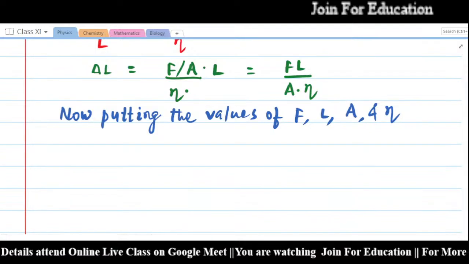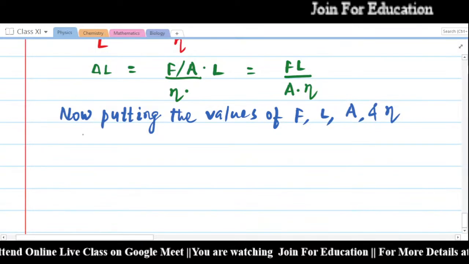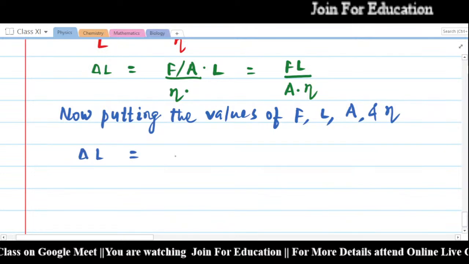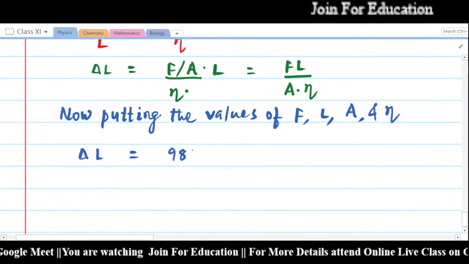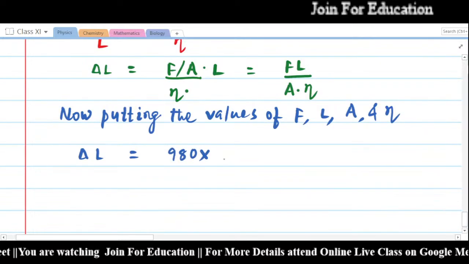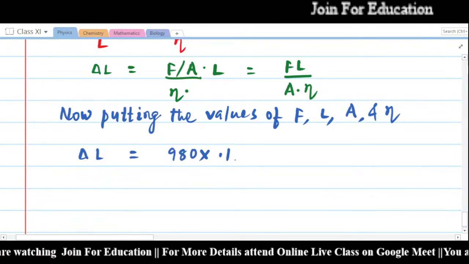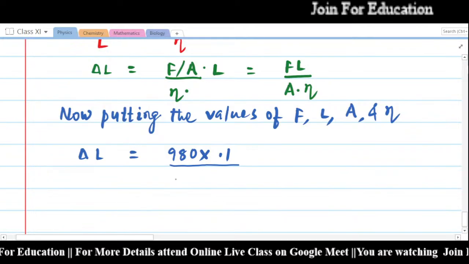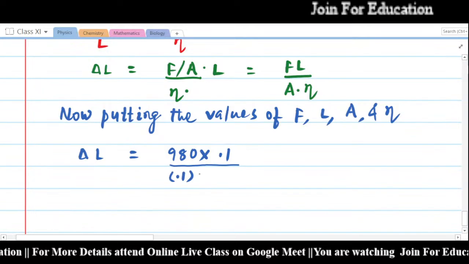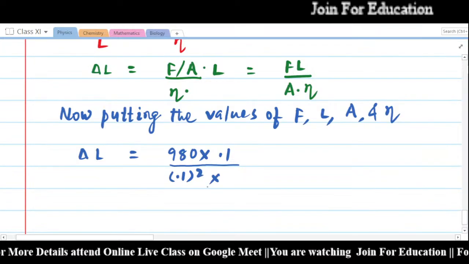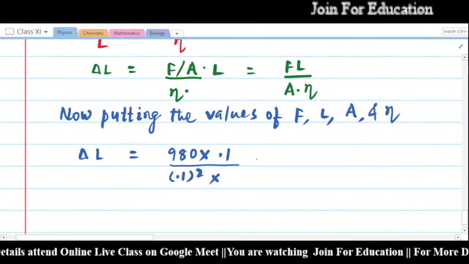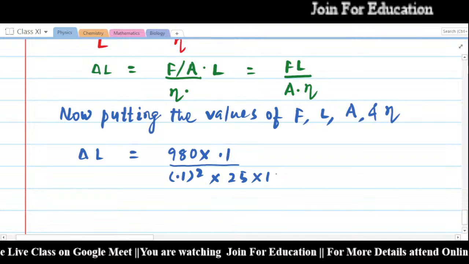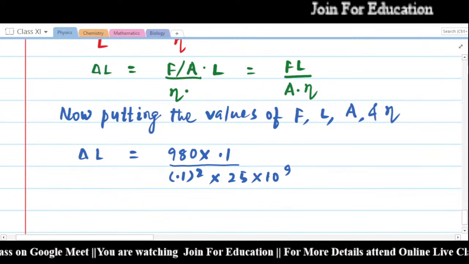So we write down here del L equal to 980 and the value of L is 0.1, by the value of A, which will be 0.1 square, into the value of modulus of rigidity or shear modulus, 25 into 10 to the power 9.